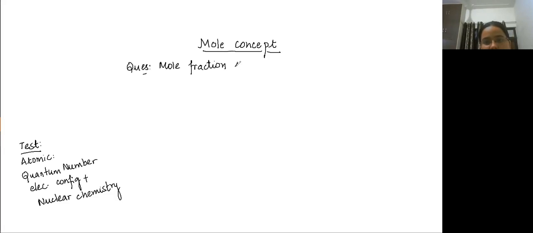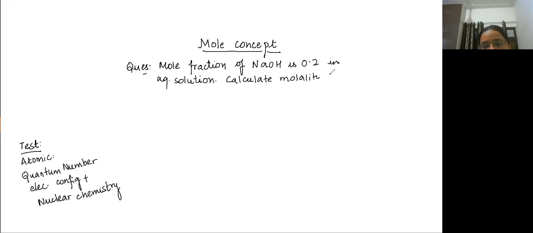The mole fraction of NaOH is 0.2 in aqueous solution. Calculate the molality of the solution.